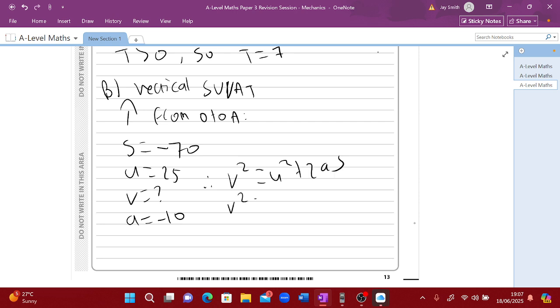So v squared is going to equal 25 squared plus 2 lots of minus 10 of minus 70. Put that in the calculator, and you get 2025. That's fitting. So then v is going to be root 2025, which is 45.